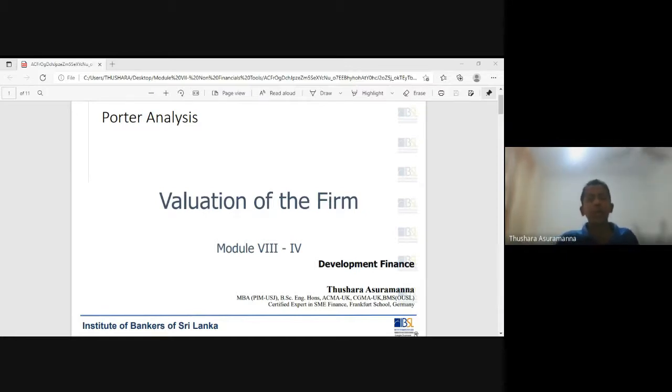So today, what we'll discuss is the Porter's Five Forces model. It could be useful in different disciplines, but here we are trying to understand it in the context of assessing competition in terms of market risk.